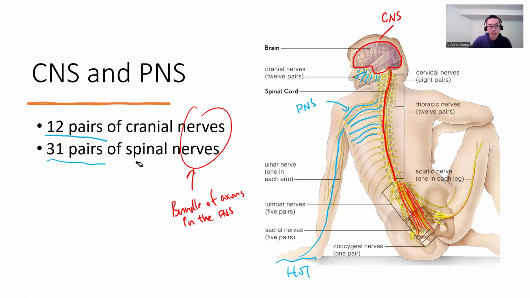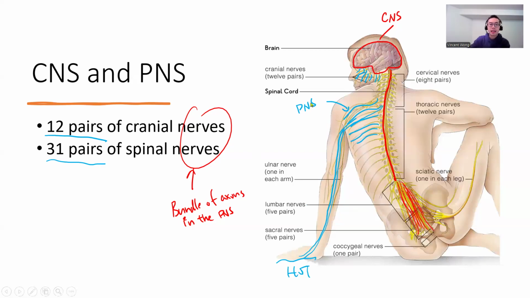The spinal nerve goes all the way up and enters the spinal cord, and then you process the information, and the motor information goes back down to your hand, and you will remove it. So the information goes from the PNS to the CNS and then back out to the PNS.